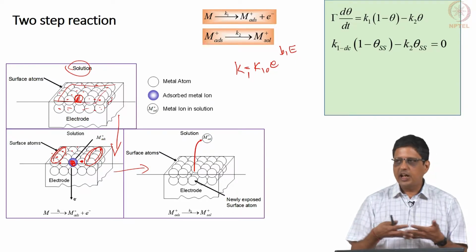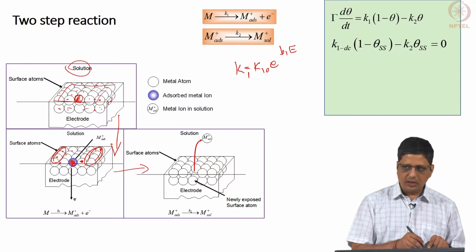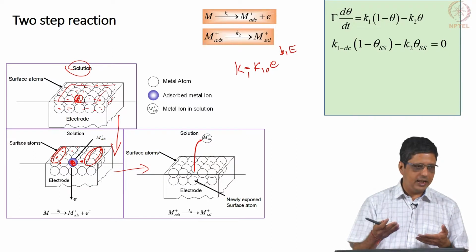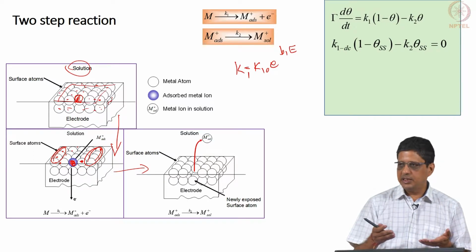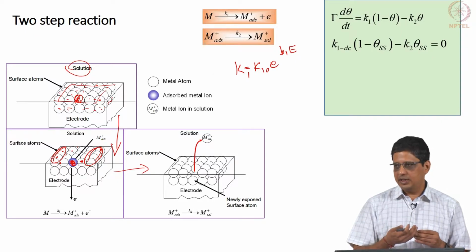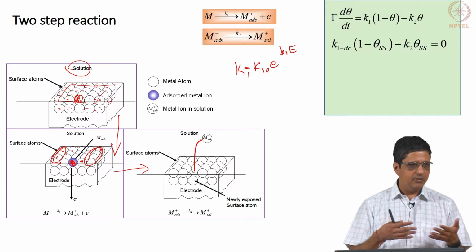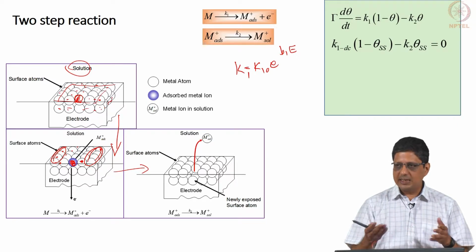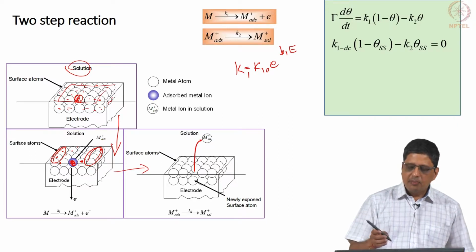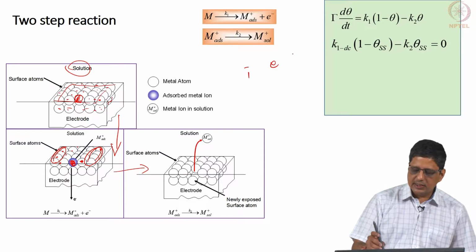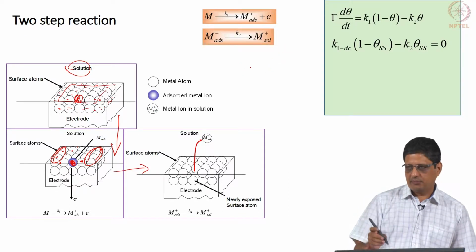If we think there are interactions, means presence of one species can help or hinder formation of same species or different species, we will use what is called Frumkin isotherm with interaction parameter. If it is positive or negative, it is going to say that it is more likely to happen, less likely to happen, etc. But for simplification, we are going to say this is Langmuir isotherm.